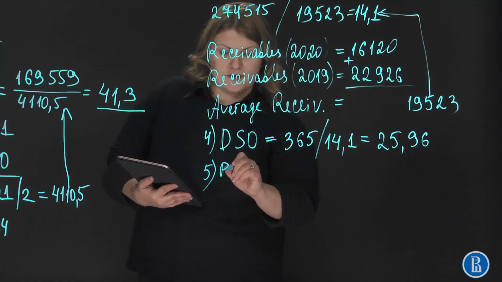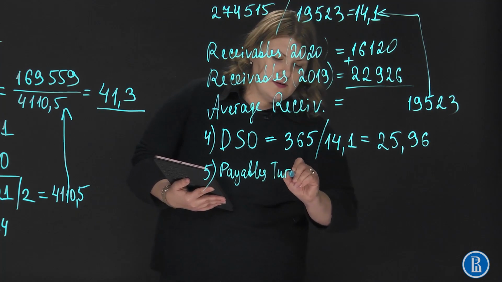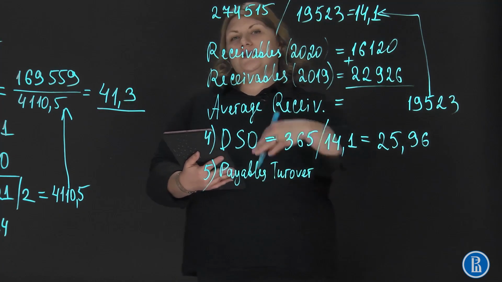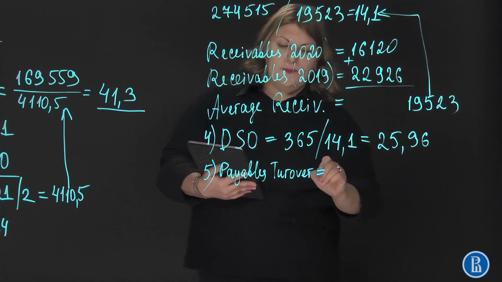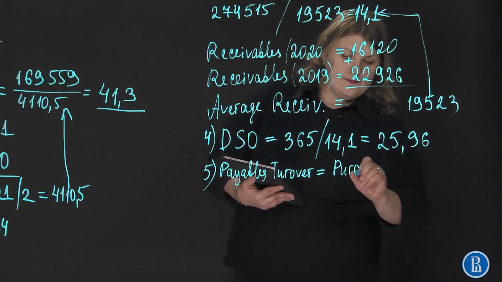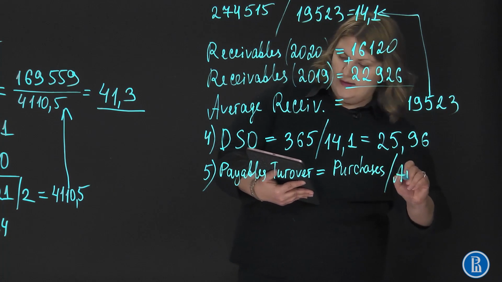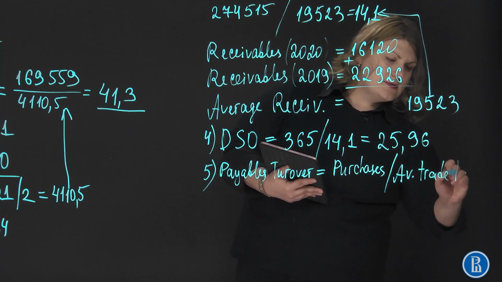In activity ratios, we need to consider also another portion of important ratios, which are represented by payables turnover, and payables turnover will be calculated just as receivables, but in reference to the payables. Payables turnover can be calculated as purchases over the average trade payables.